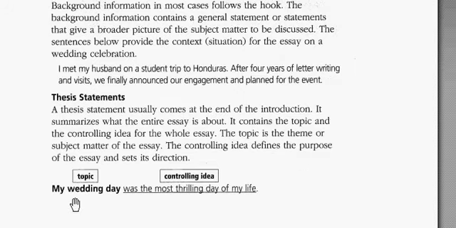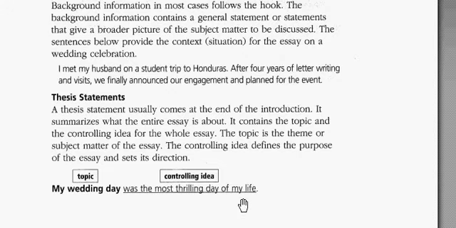The example here says, my wedding day, which is the topic, just a noun phrase. My wedding day was the most thrilling day of my life. That's the controlling idea over here. So I know this essay is not going to explain everything about the wedding day.